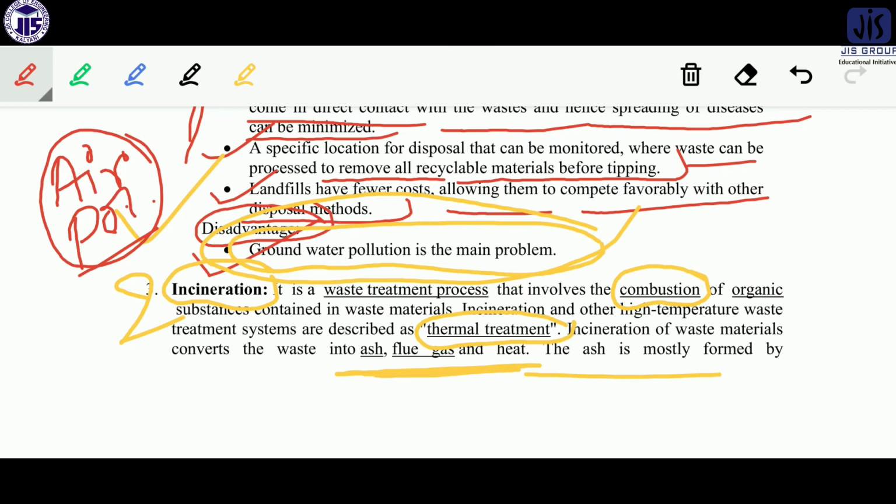So that means we can expect three kinds of pollution from the incineration process. That's why it is very simple and generally very cheap if we follow it in an open place, but it is very harmful also. Now come to the next type of process. This is called composting.